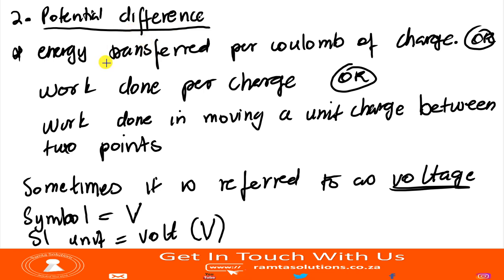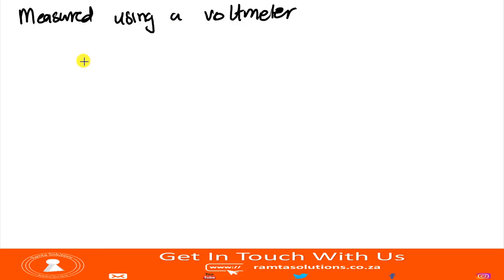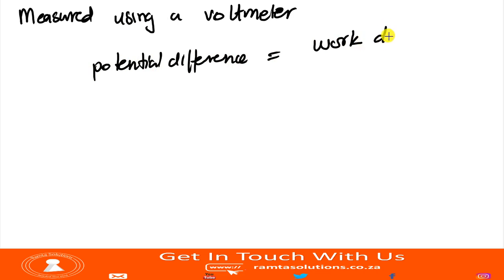Now this definition is giving us the formula of potential difference. We said potential difference is work done per unit charge. That means potential difference is work done, and when they say per, it means divided by charge.